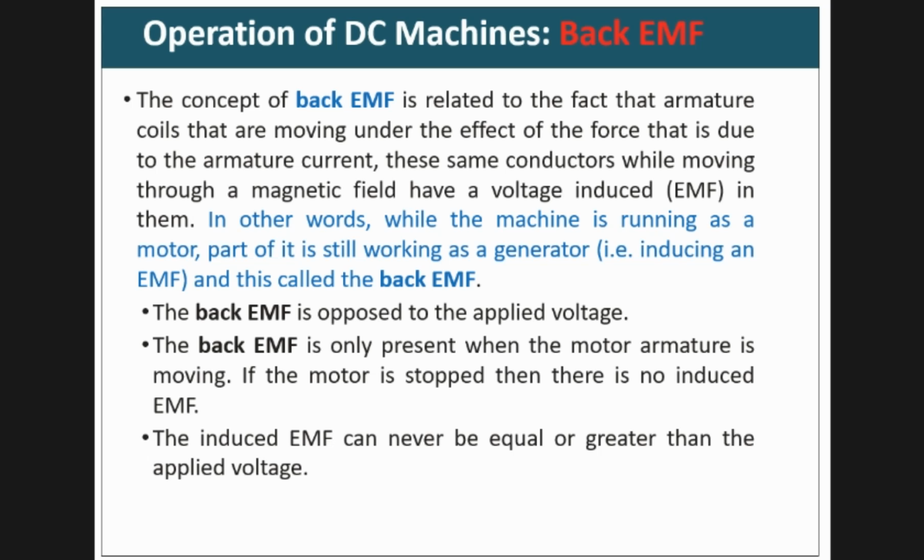And then again for motors, when there is a current in the coil, and that coil is moving in a magnetic field, therefore, sorry, when the motor is rotating, it's true that there is a current flowing through the coil, but in addition to that, when a conductor is moving in a magnetic field, it will generate some EMF, right?